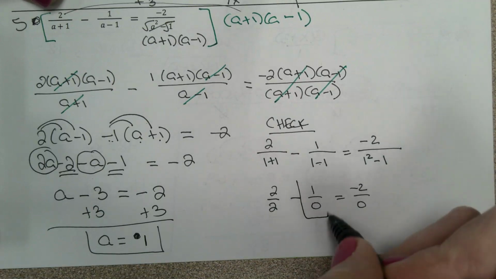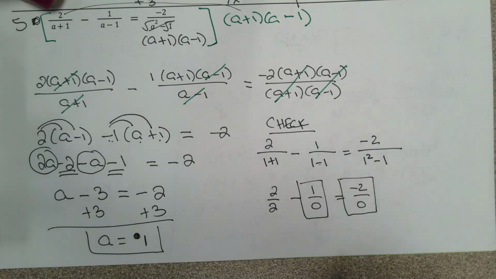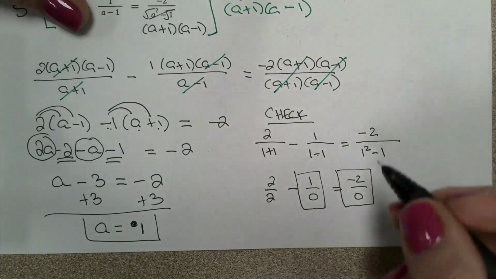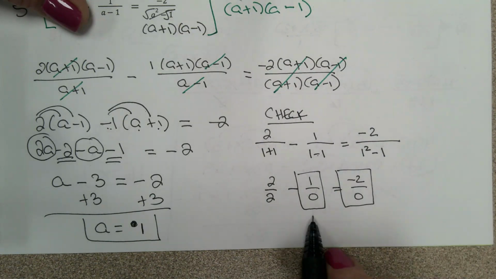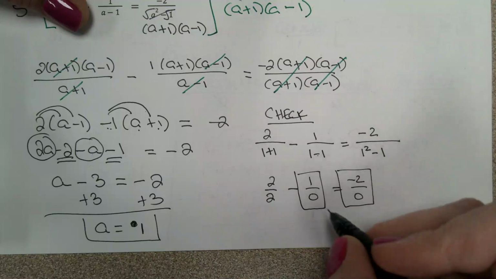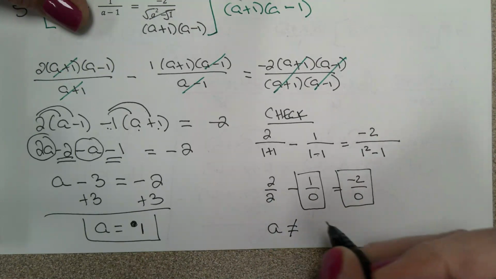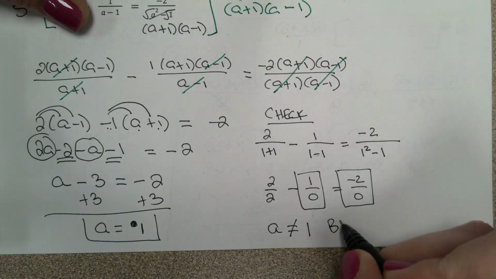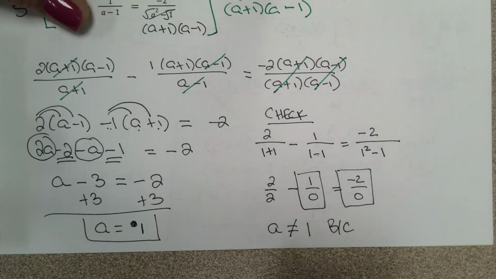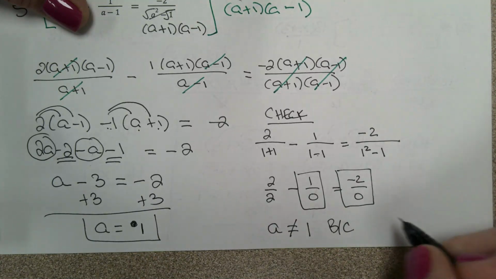All right, so we have two problems here. The problem is that when you plug it in and check it, you get a 0 in the denominator, and you can't have a 0 in the denominator because this is an undefined function. So that means that a cannot equal 1 because you would create an undefined function.